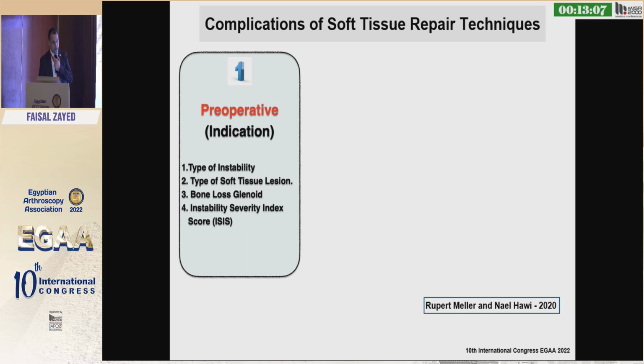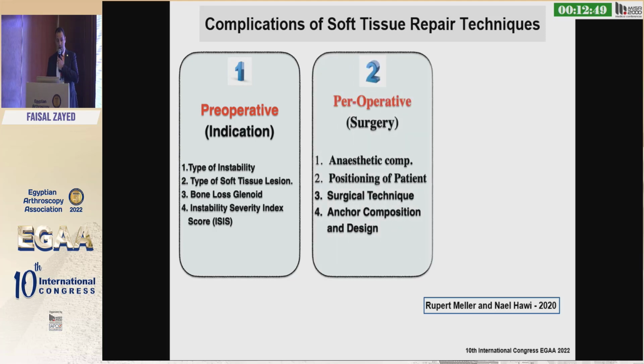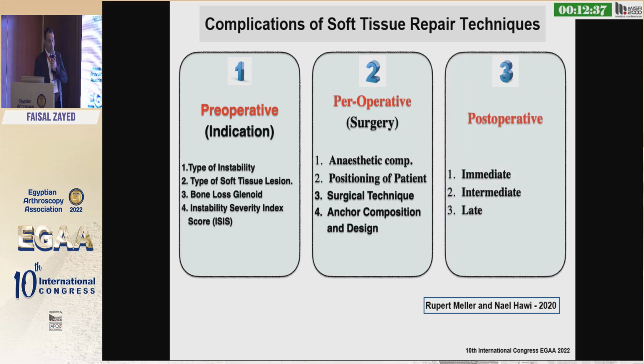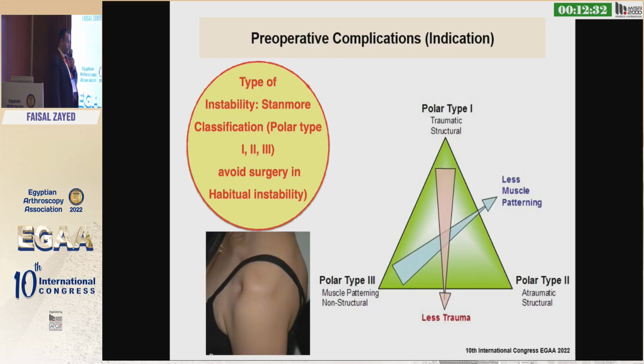These complications may be preoperative complications, mainly concerned with the indications and the choice of the type of operation, including type of instability, type of soft tissue lesion, bone loss, and instability severity index score, or intraoperative or perioperative complications during surgery, including anesthetic complications, positioning of the patient, surgical technique, and anchor composition and design. And lastly, post-operative complications, which may be immediate, intermediate, or late post-operative complications.